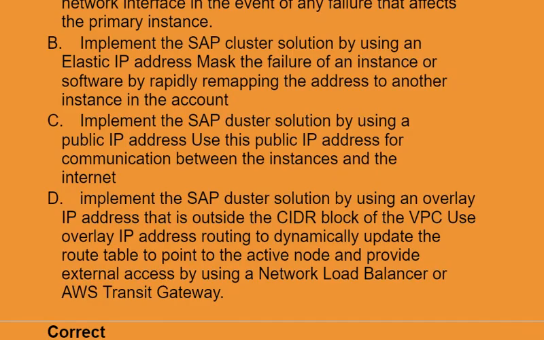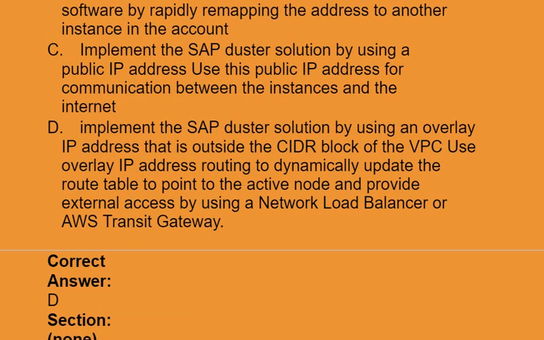Use overlay IP address routing to dynamically update the route table to point to the active node and provide external access by using a network load balancer or AWS transit gateway. Correct answer is option D.